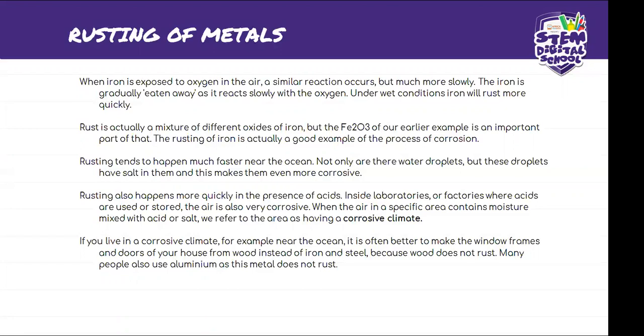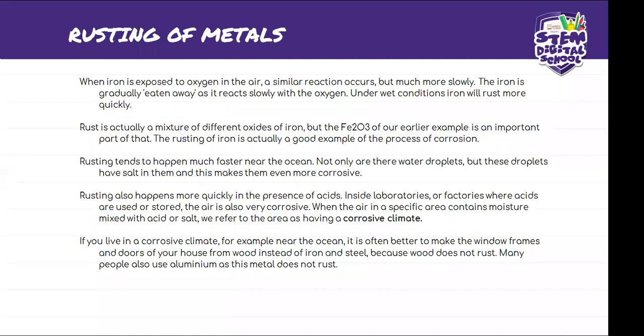Having a corrosive climate. Okay, so what is a climate? A corrosive climate is a place in which, mostly if you have factories around that produce substances, and those substances in the atmosphere are very reactive, they can react with water.